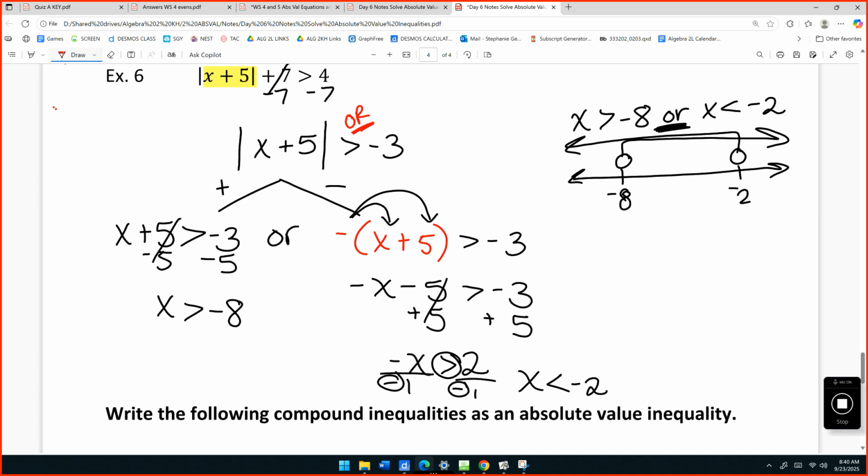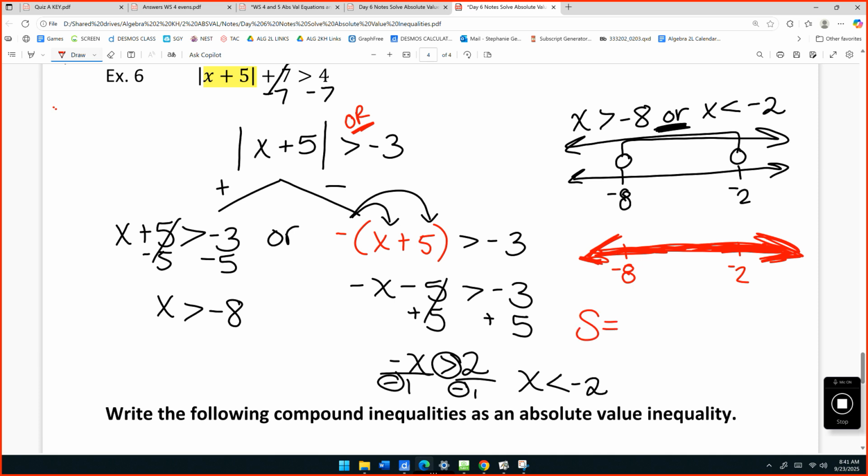Numbers greater than negative 8 and also numbers less than negative 2. Wouldn't that just be all the numbers, the whole number line, right? Because I'm not looking at the overlap. It's just both of these put together. So you can mark these numbers on the number line if you want to, but the solution set is the entire number line.